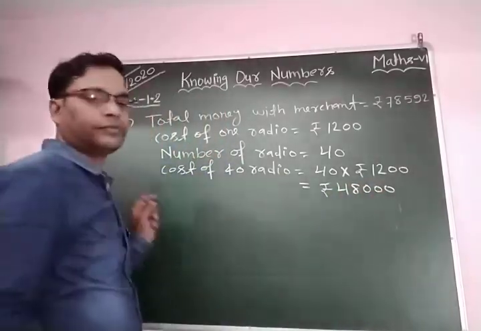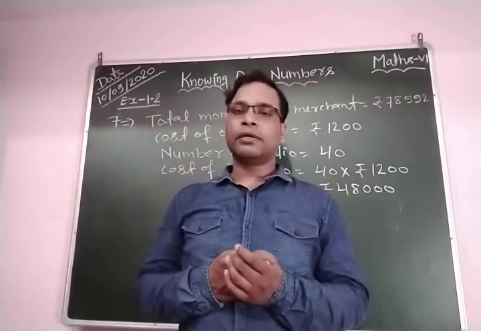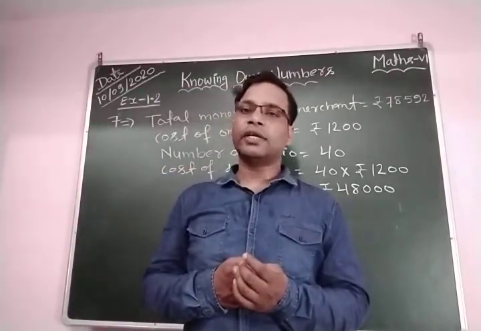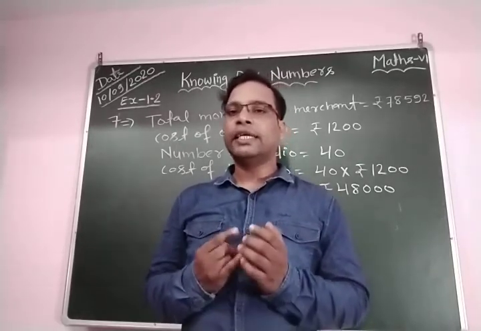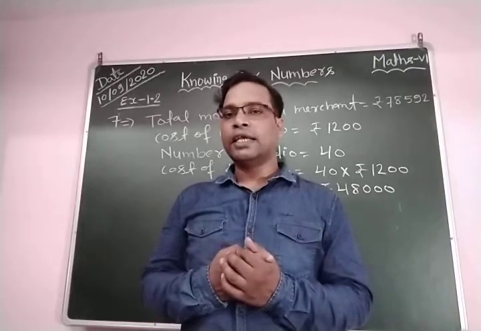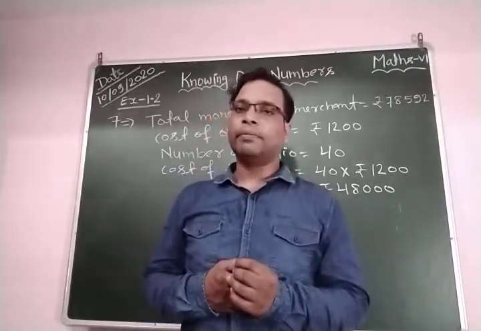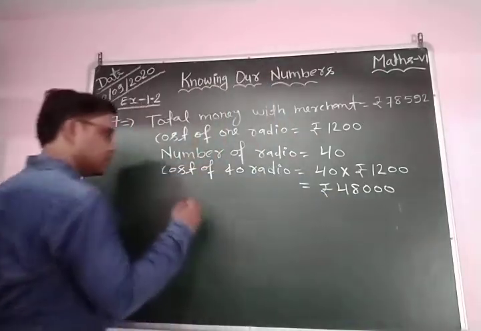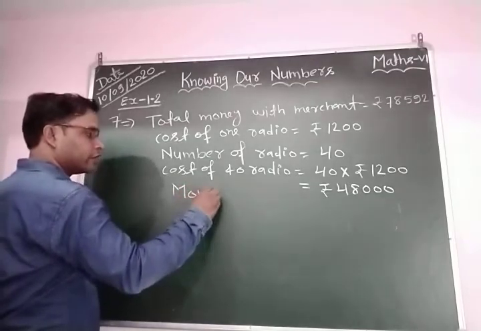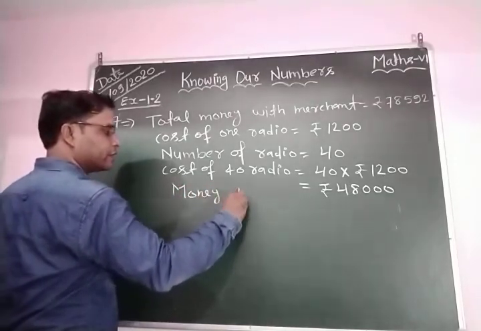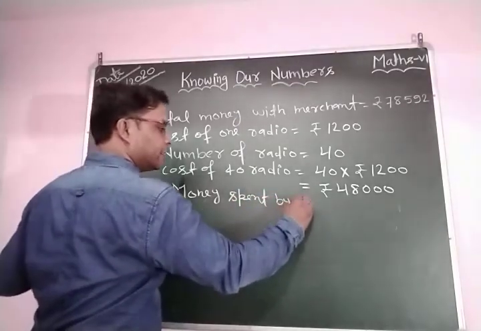Okay, now how much money was spent by the merchant, or you can write here, money spent by the merchant is equal to 48,000, because with this money he purchased 40 radios. So here you write: money spent by the merchant.